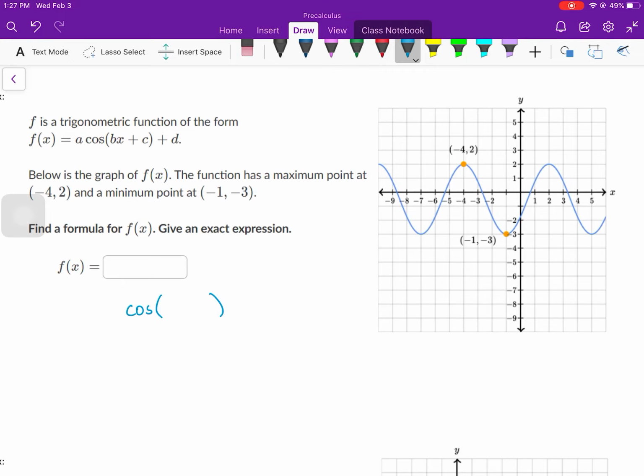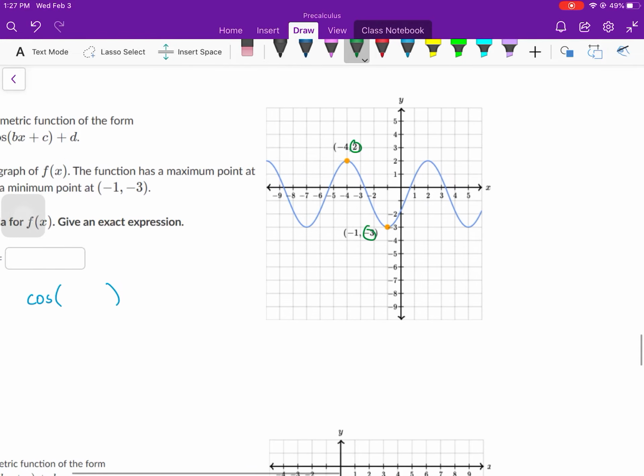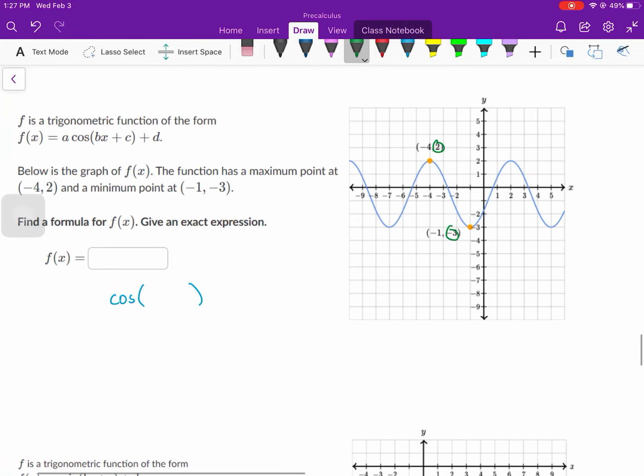Let's figure out the midline. So for the midline, we have the average of the y values. We're just going to add those up and divide by 2.